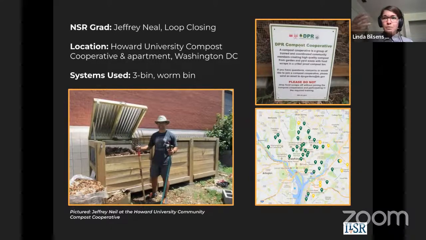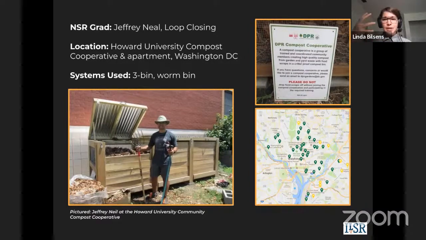And so we piggybacked or collaborated with their effort and helped Jeffrey set up a 3-bin composting system and a general composting site at the Howard University Community Garden.